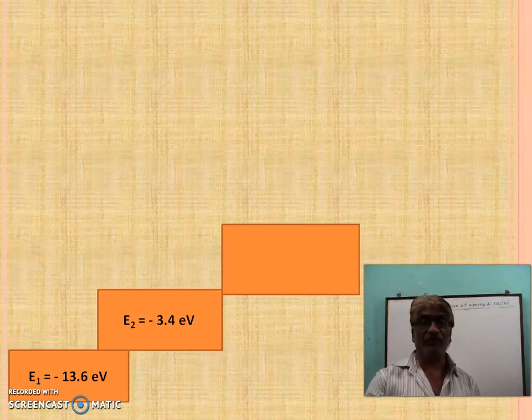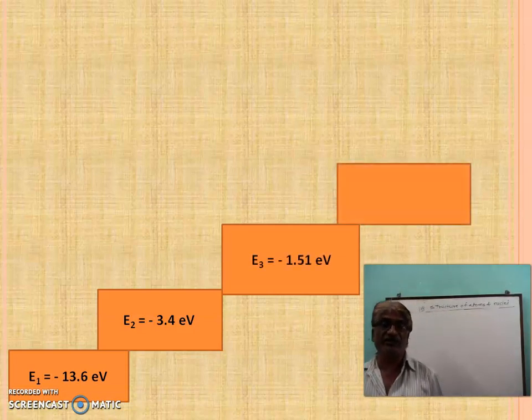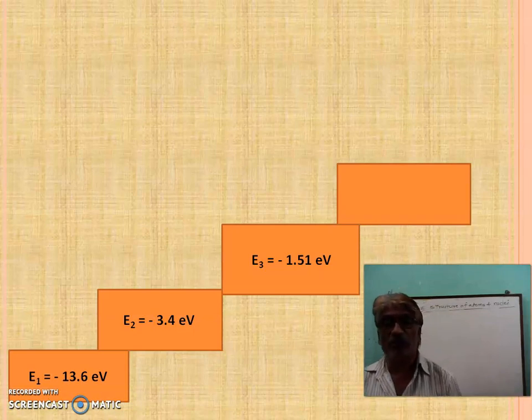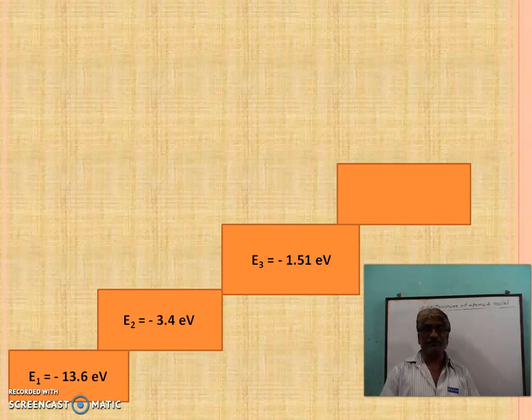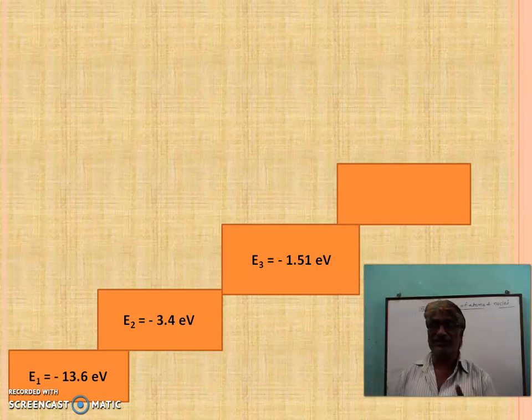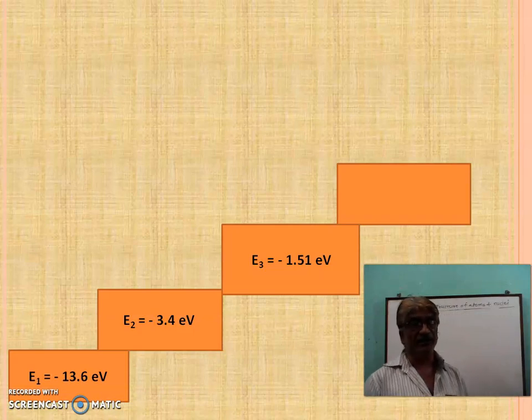Similarly, if we see the third orbit, the energy of the electron in the third orbit will be minus 1.5 electron volt. In the exam, a question will be asked: if the energy of the electron in the first orbit is minus 13.6 electron volt, find the energy of the second orbit and the energy of the third orbit.